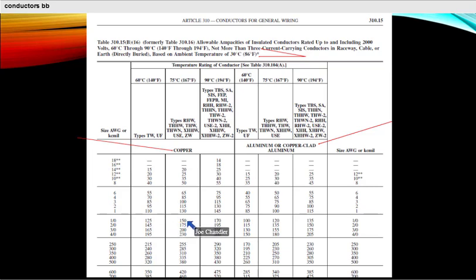In the 75 degree C column, we're at 150. And in the 90 degree C column, we're at 170. Again, that is assuming I have a raceway or cable with not more than 3 current-carrying conductors, installed in a surrounding temperature of not more than 30 degrees C or 86 degrees Fahrenheit. So that's how we read this table.